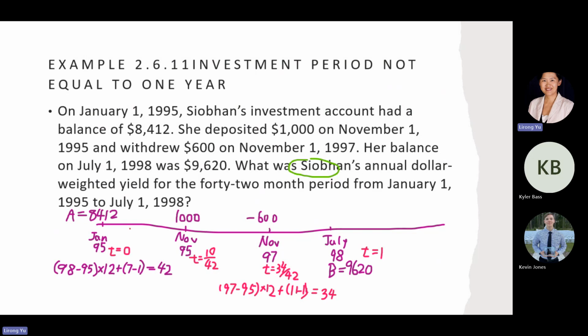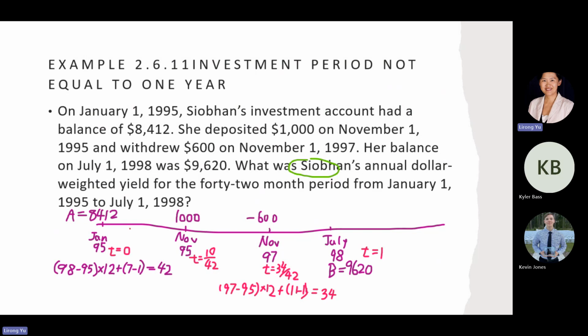All the other cash flows are at the beginning of a month, so we wish to find out how many months accordingly. The first deposit is at November 1st, 1995. From January 1st to November 1st, how many months have passed? Since they're both the first, we can just do 11 minus 1, that's 10 months.